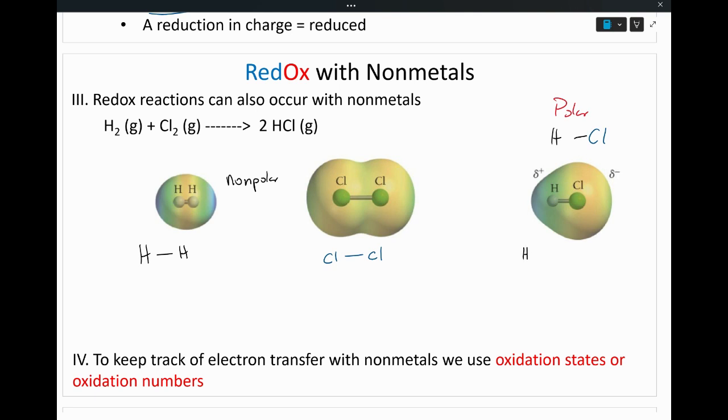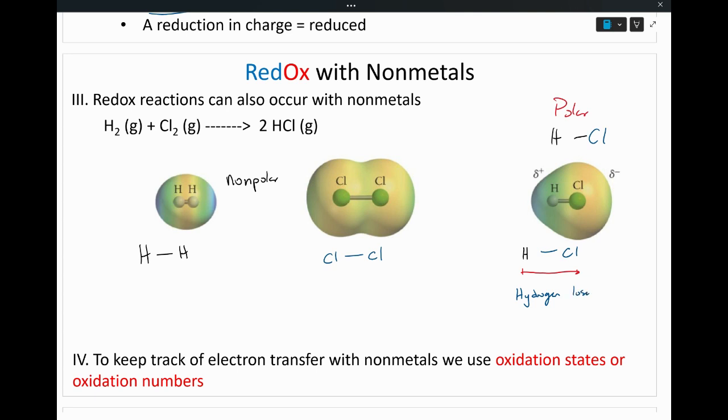We write our H, we write our Cl right here, and our bond dipole points this way. And in essence, what's happening here is a redox process. So hydrogen used to have electron density, but because of the polar bond, it's losing that electron. We said when we talked about polarity, it's like hydrogen has a partial positive charge because it's partially lost its electron.